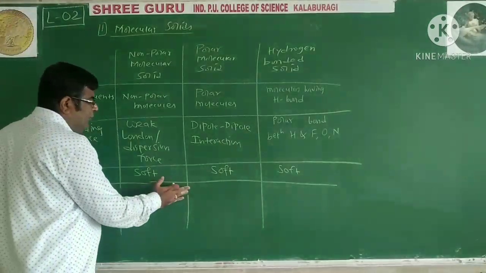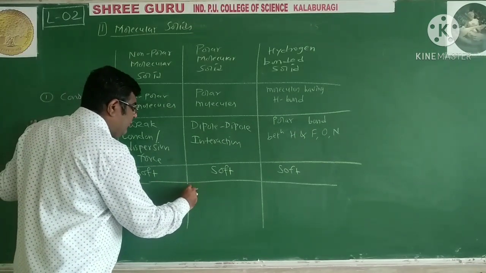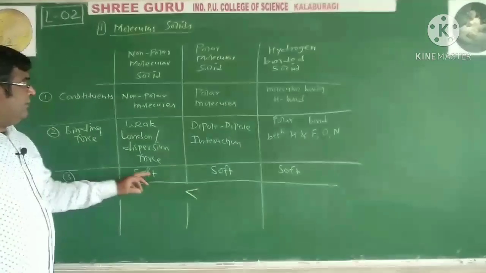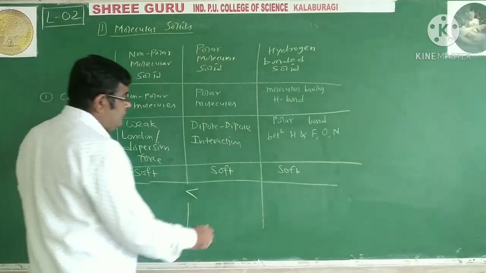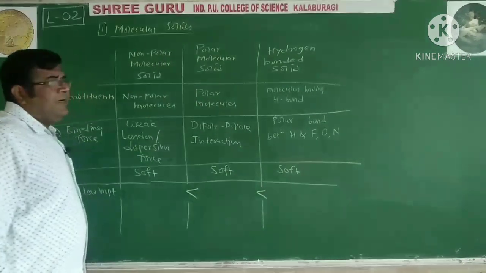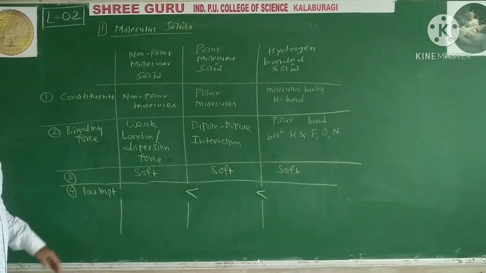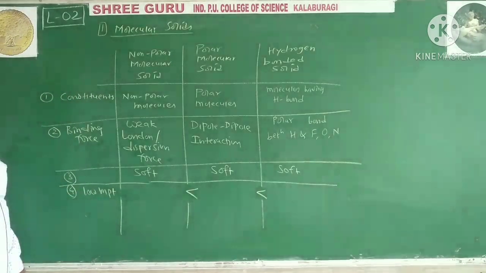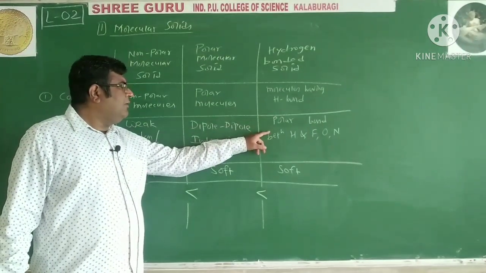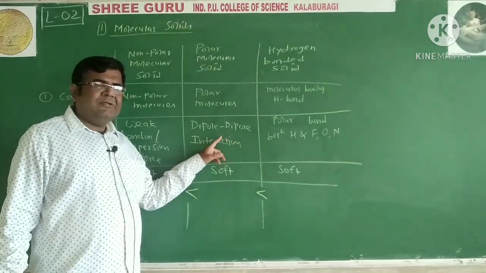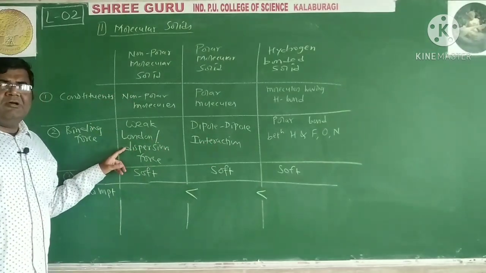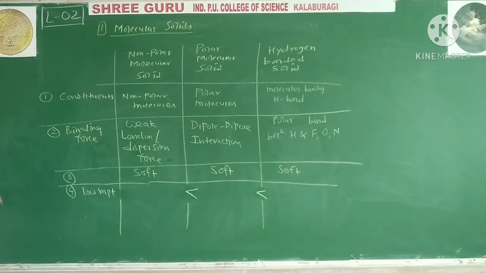And melting point of polar molecular solid is greater than non-polar. And melting point of hydrogen bonded solid is greater than polar molecular solid because hydrogen bond is stronger than the dipole-dipole interaction, and dipole-dipole interaction is stronger than London or dispersion force.